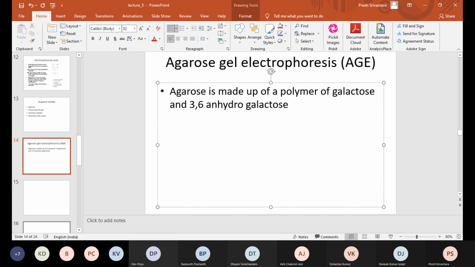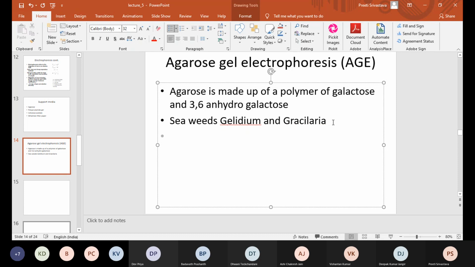They together polymerize to form an agarose gel. The source of agarose is seaweeds. For example, the two examples that are commonly known that you may have studied are Gelidium and Gracilaria. These are the two seaweeds which are the main producers.